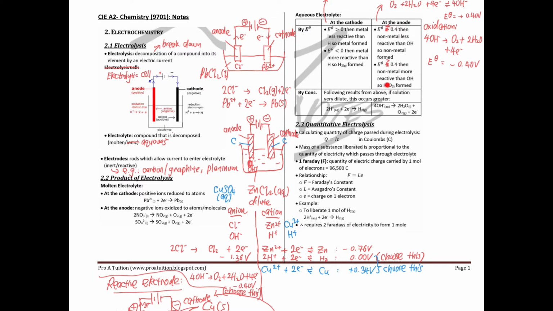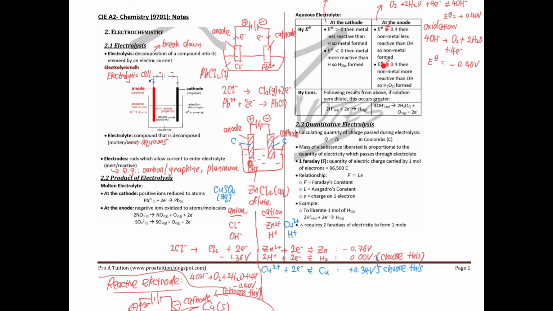So they are trying to say it in that way, but I personally feel this is a little bit confusing. It can be used somehow, but I would rather swap and tell you to choose the more positive one.